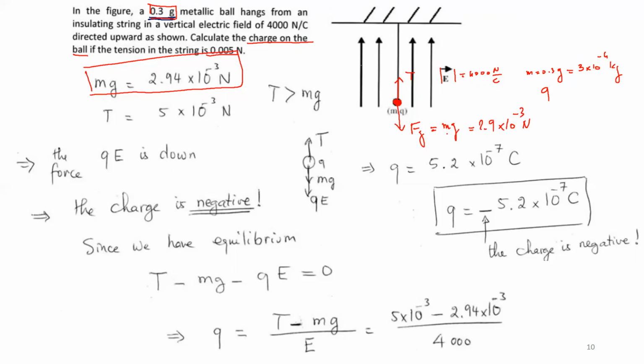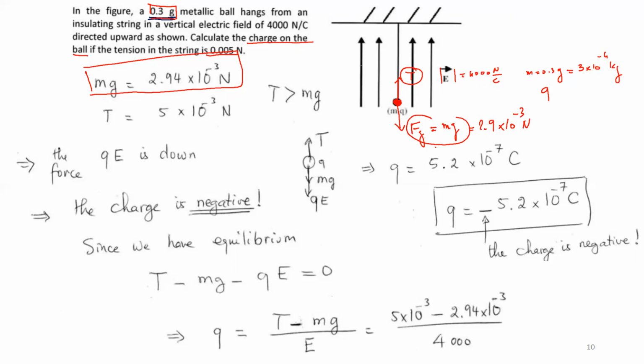Of course, the gravitational force will be equal in magnitude to the tension force because I'm in equilibrium. Net force is equal to 0. If there was no electric field or no charge on my metallic ball, this tension force will be exactly equal and opposite to the gravitational force. Same magnitude, but opposite direction.